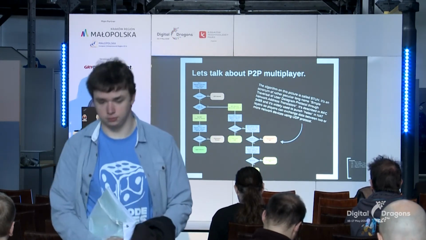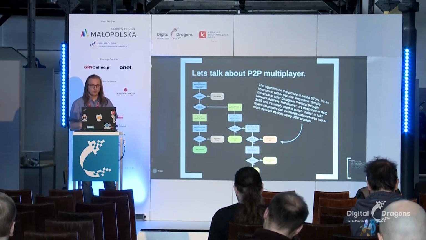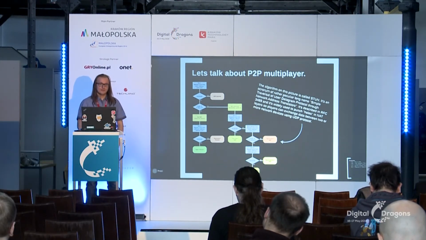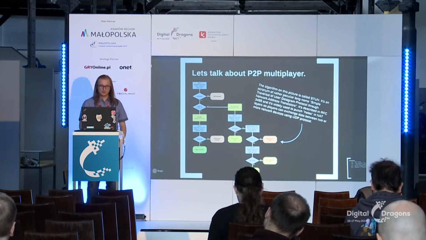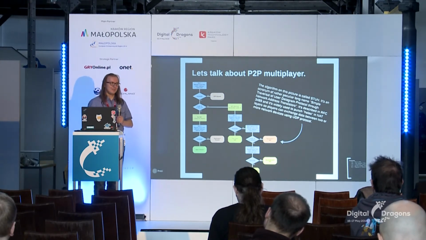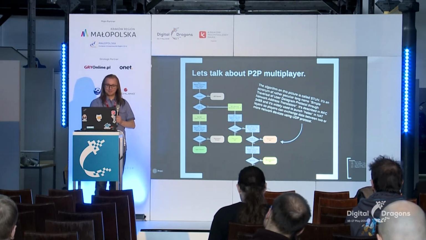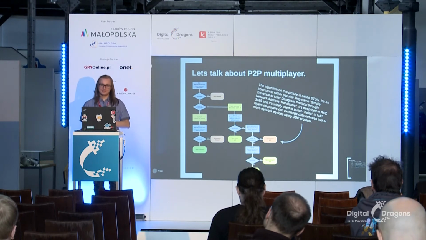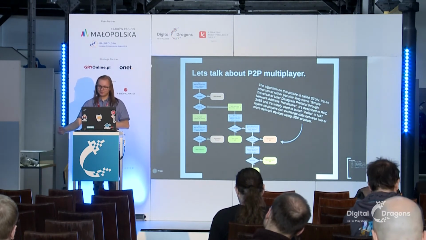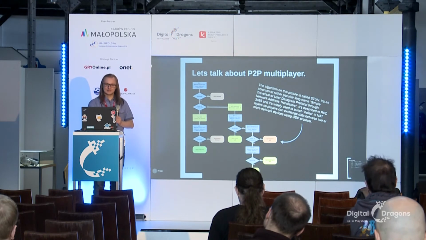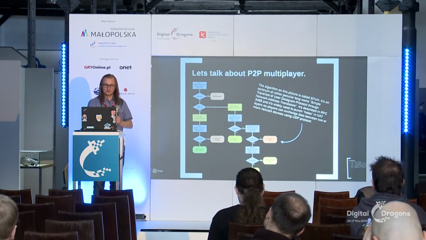So the solution for that is to have something called a TURN. TURN is like a train station. If some player is behind a restricted NAT, he can jump to the TURN server, and it acts as a proxy and sends the data to the other player.